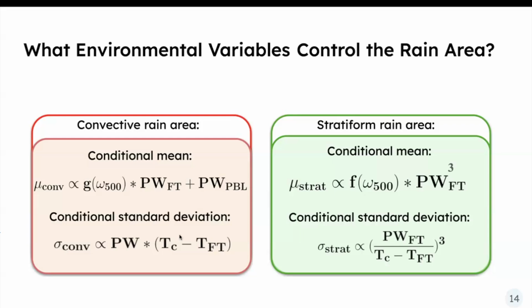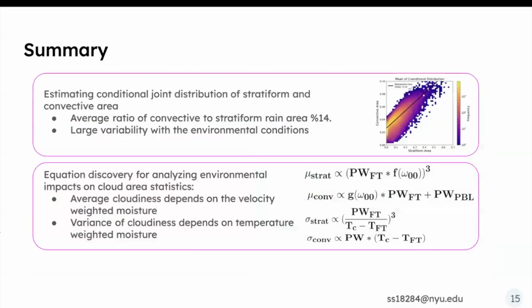And then it adds some contribution from the free tropospheric temperature. So if you have a colder free tropospheric temperature, it seems to favor the spread of that rain area. And then again for the stratiform, the model picks the power 3 of column water vapor, which is still a mystery to me to explain physically. Okay, I can wrap that up.